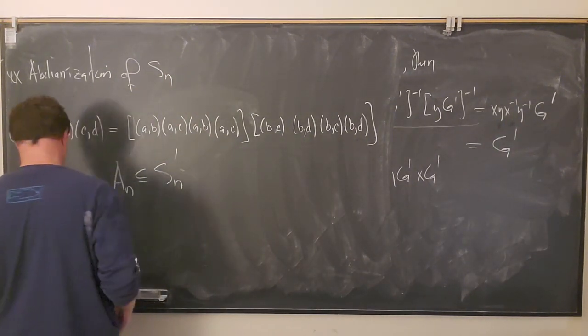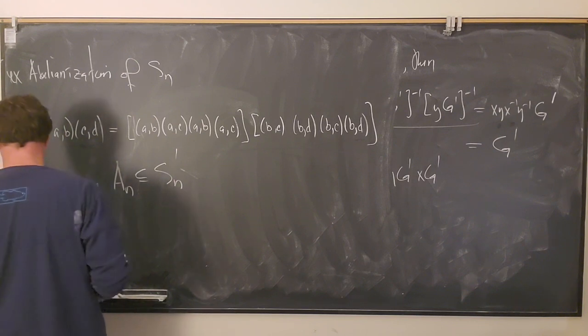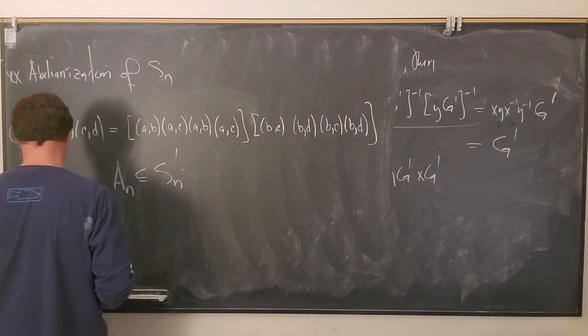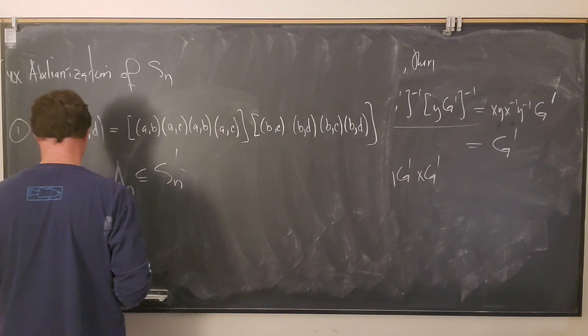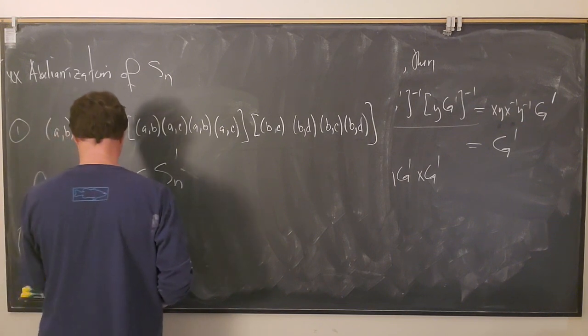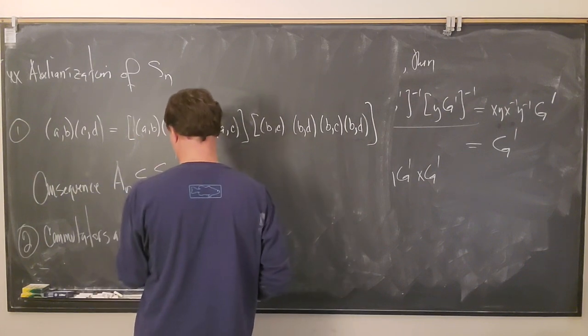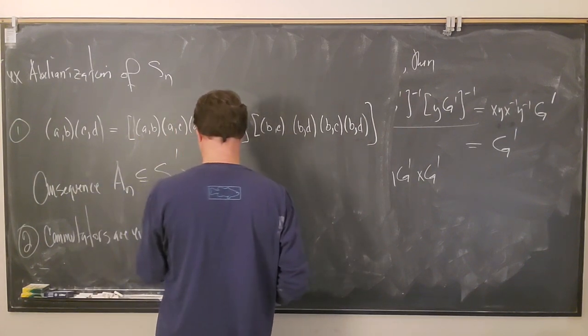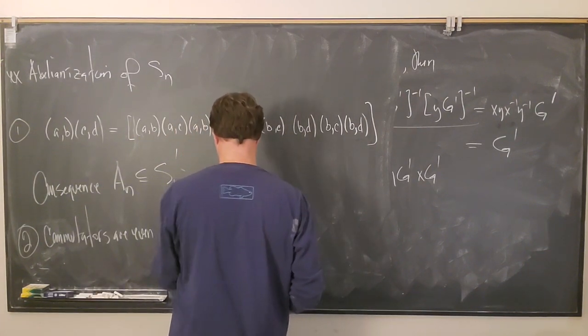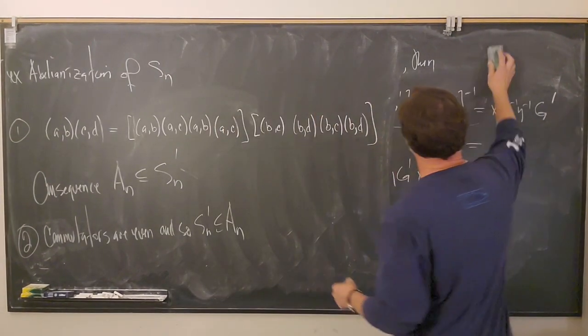So this would be the second step: commutators are even, and so Sn prime is contained in An. So what do we have then?